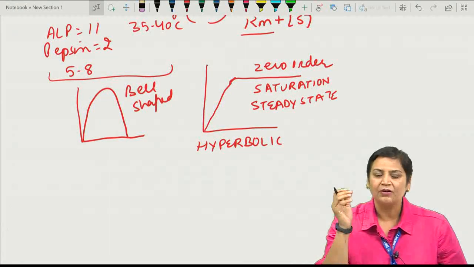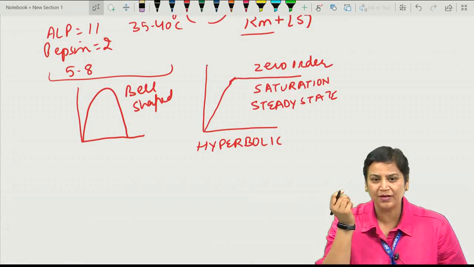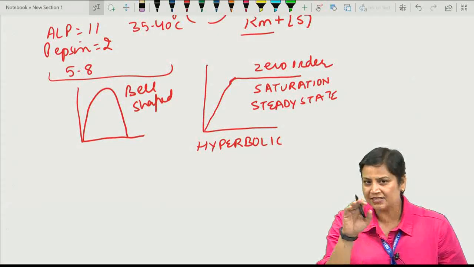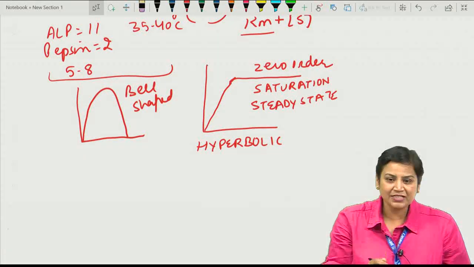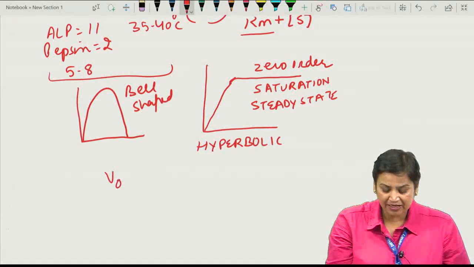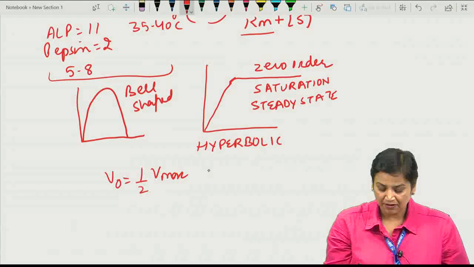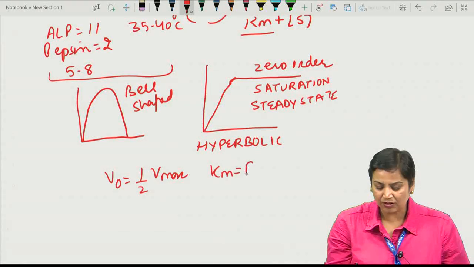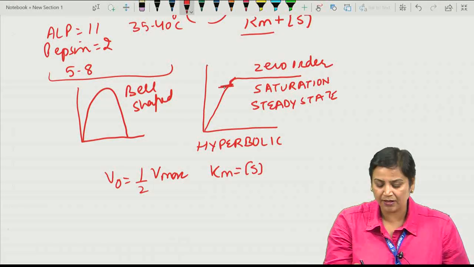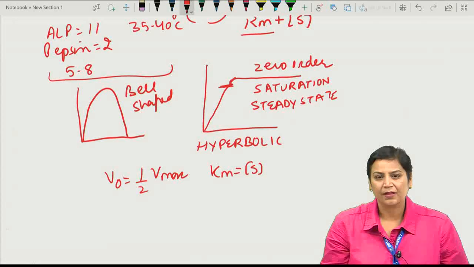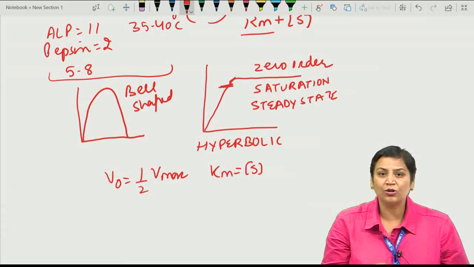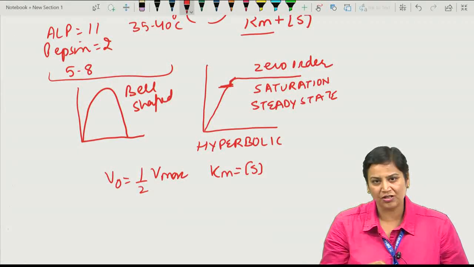They cannot bind. Why saturation? Because saturation has been attained, and that is why it attains a steady state graph. And always remember, when initial velocity is half the maximum velocity, Km is equivalent to the substrate concentration, somewhere here. So when V0 is equal to half Vmax, Km is equivalent to the substrate concentration.